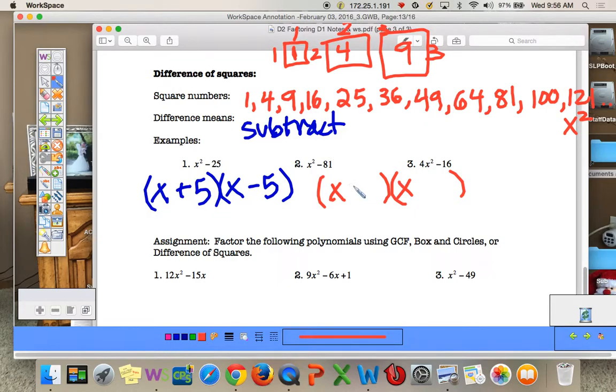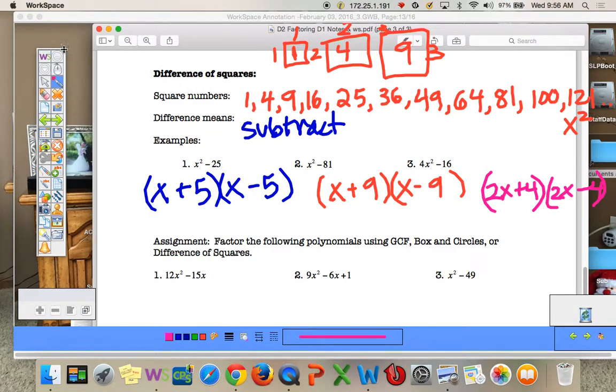The square root of 81 is plus 9 and negative 9. And the last one, again, you're taking the square root of each. The square root of 4x squared would be 2x. The square root of 16 would be plus 4 and minus 4. So difference of squares, if they're both square numbers, you can take the square root and do plus or minus each of the square root numbers.